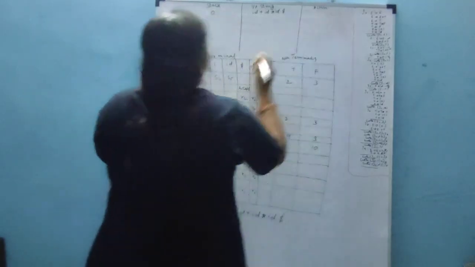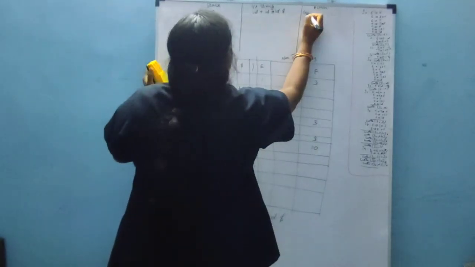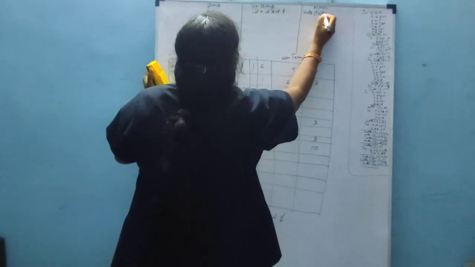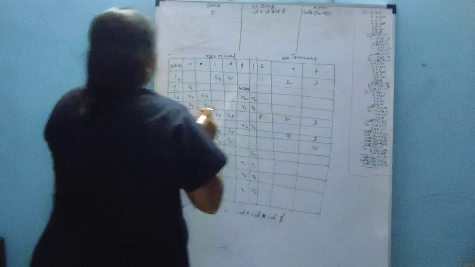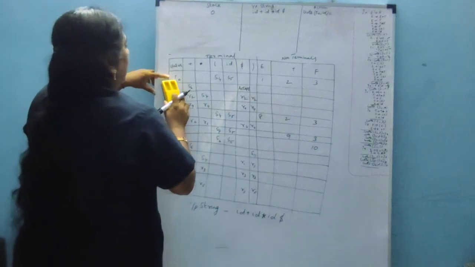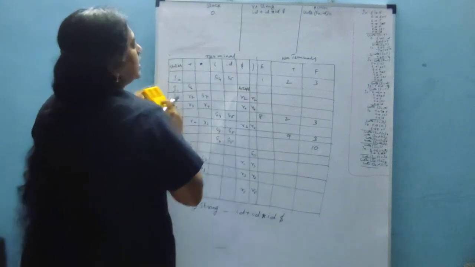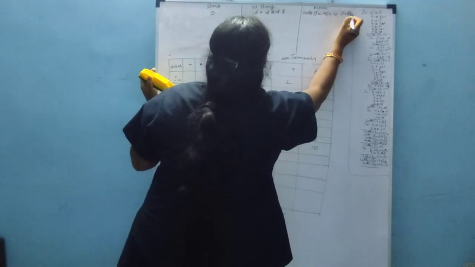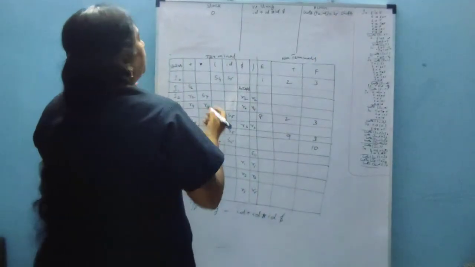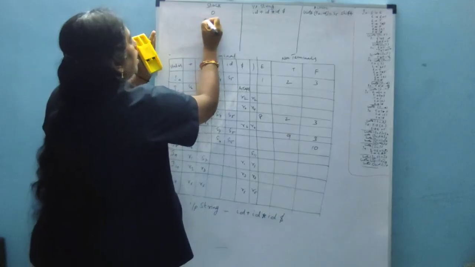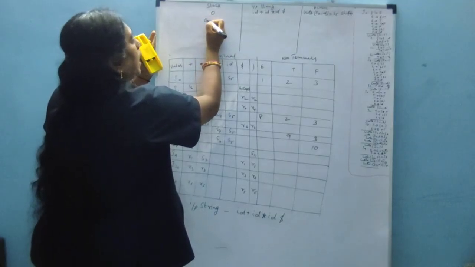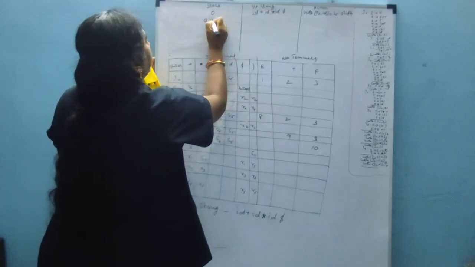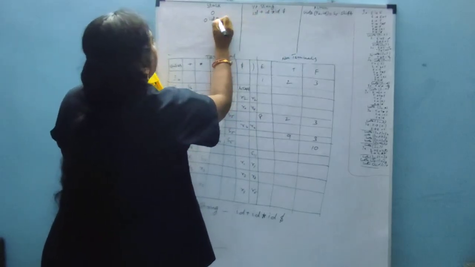Then the action: go to I0 comma id, take from the table I0 comma id as S5. That means shift 5. So the stack contains 0, we shift this id here, then state number 5.